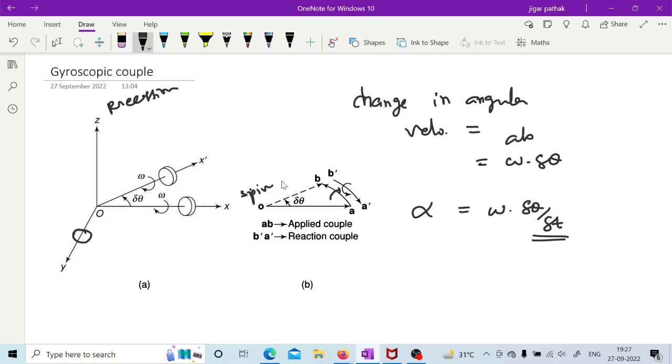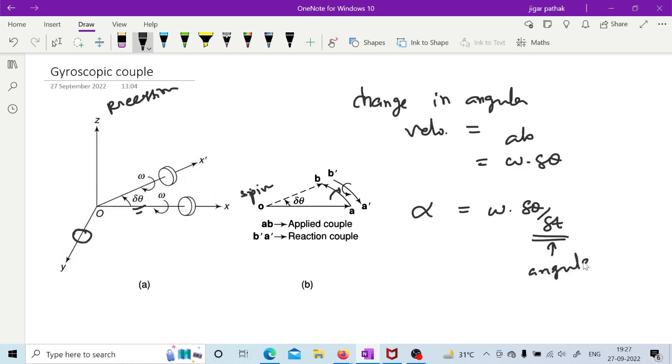So this delta theta by delta t will be the rotation about this precession axis, as you can see here, right? So this delta theta by delta t is the angular velocity of precession.